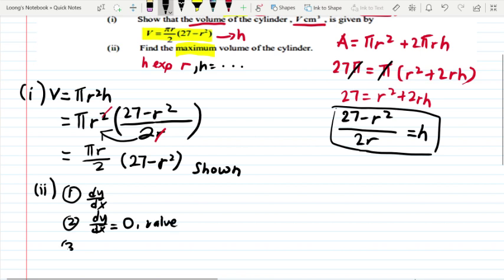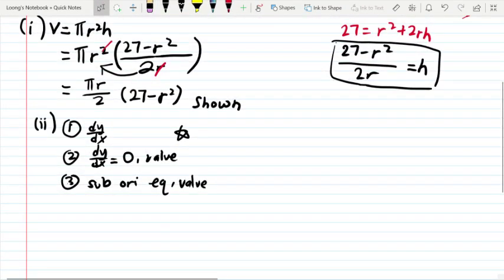And the third part is sub it into the original equation, so you will find the value that you want. Take note, this question is quite similar to the previous questions 12 and 13.